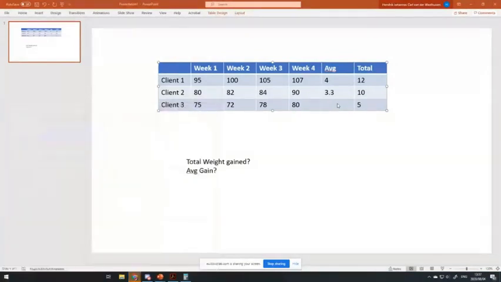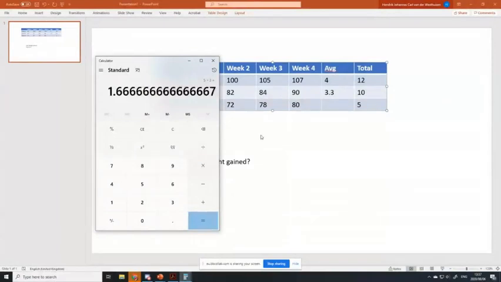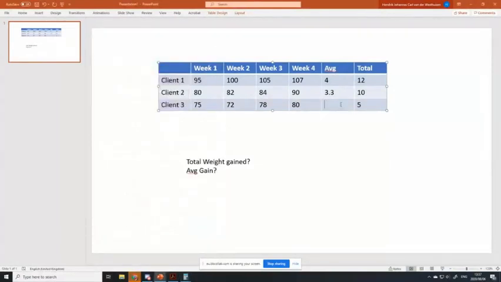Let's see. My mind is not here today. 1.67. Okay, so it's 1.67. And if you round it up, it will probably just be 1.7, depending on how you're going to display it. Or a double, 1.67.